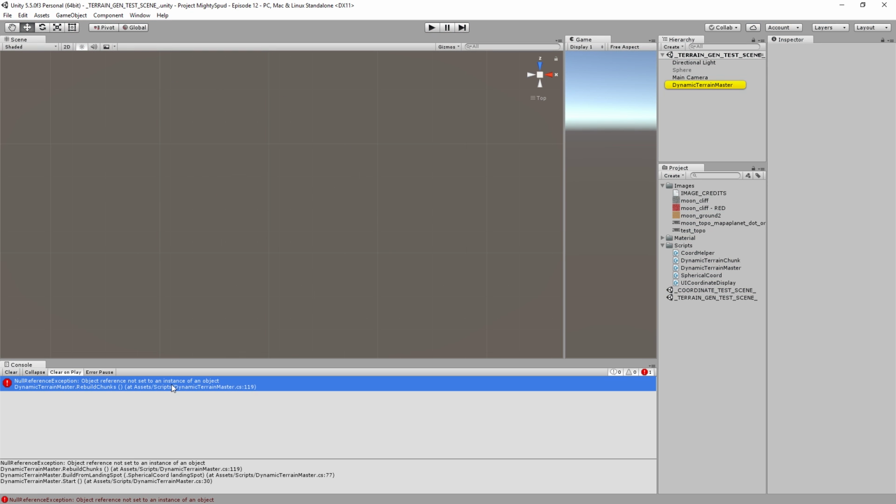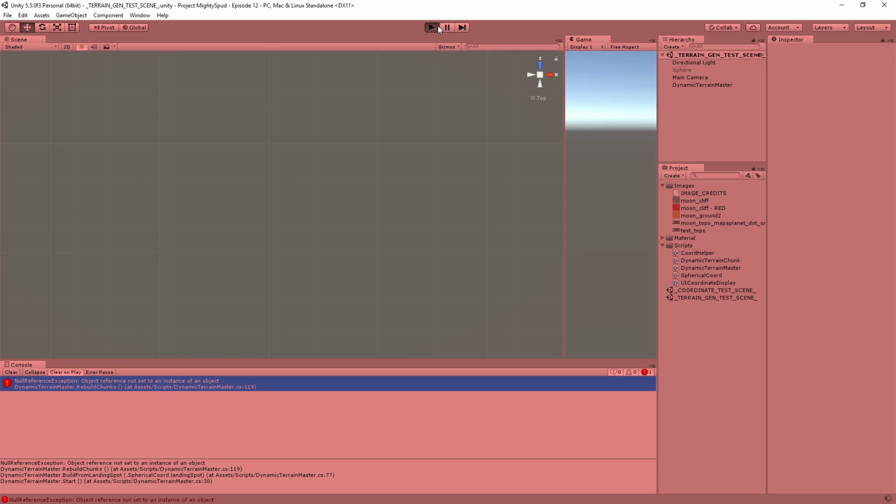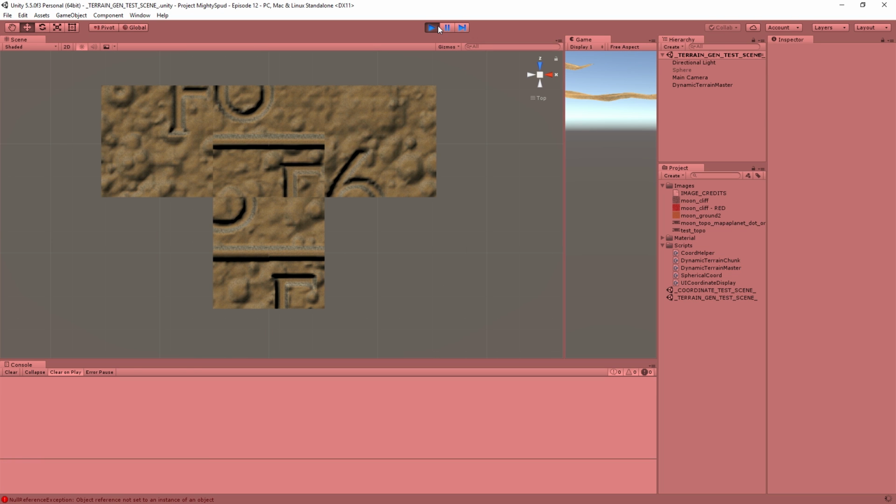Also, we're getting a null reference exception somewhere. Oh, when we're looping through everything, because we actually have a bunch of nulls in here. What I think I'm going to do here is just comment this out for now. And that's going to be fine.